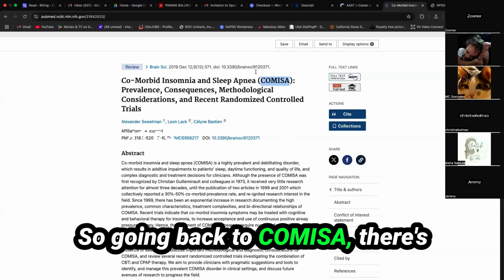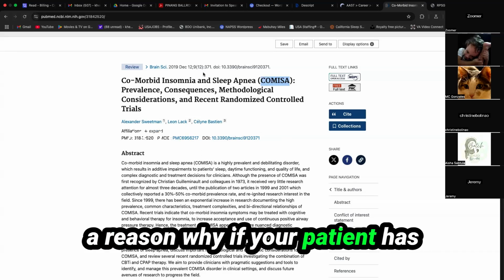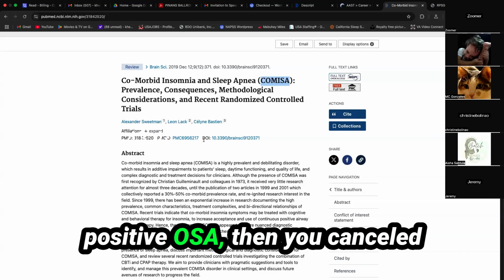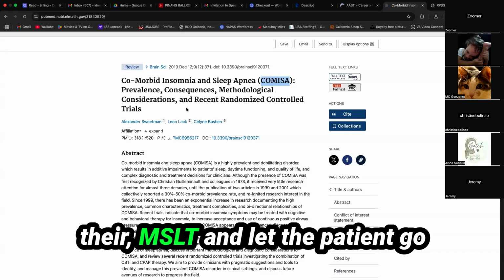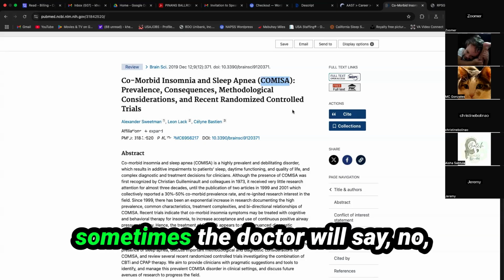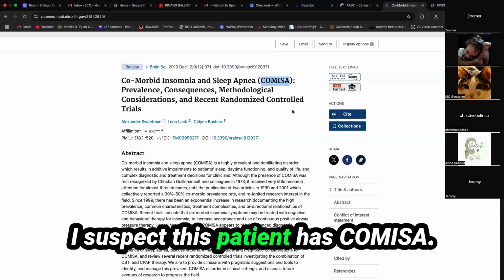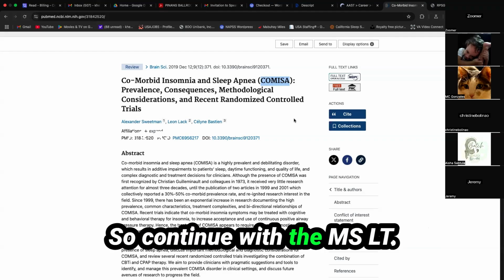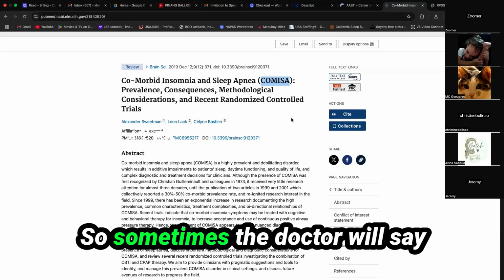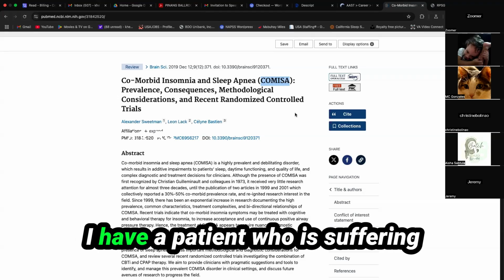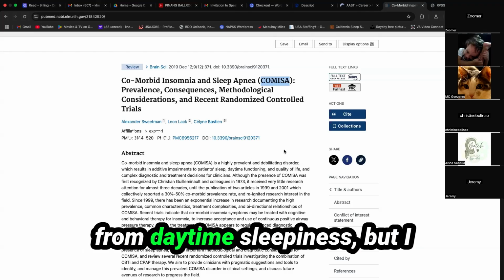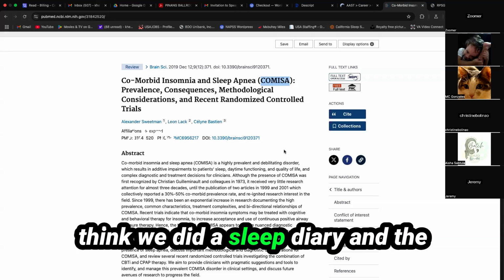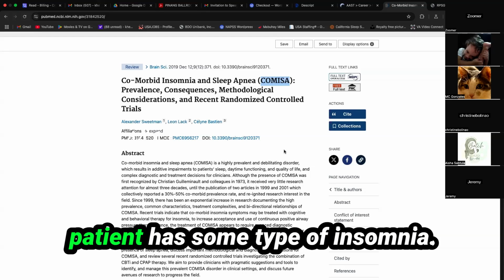So going back to COMISA, there's a reason why if your patient has positive OSA, then you cancel their MSLT and let the patient go. Sometimes the doctor will say, no, I suspect this patient has COMISA, so continue with the MSLT. The doctor will say, I have a patient who is suffering from daytime sleepiness, but we did a sleep diary and the patient has some type of insomnia.